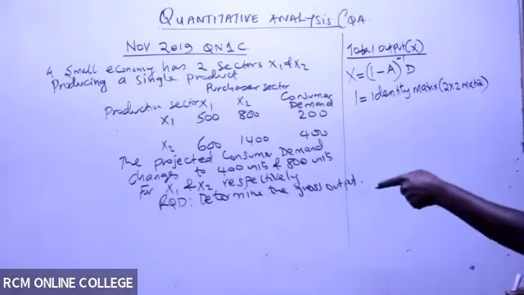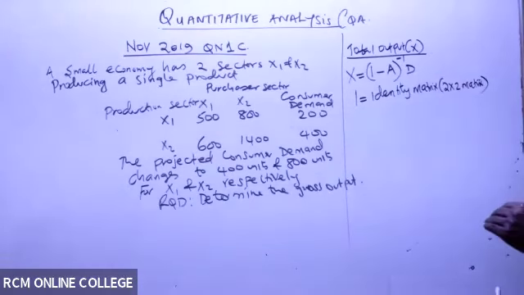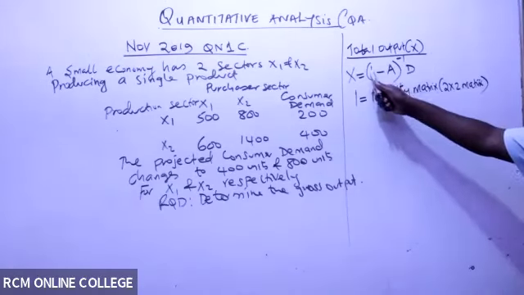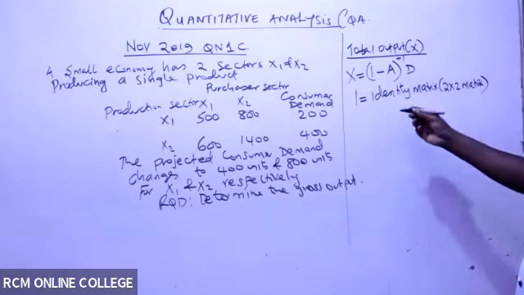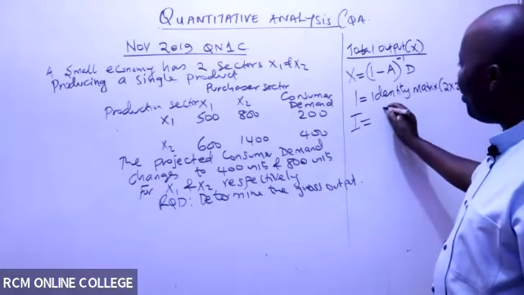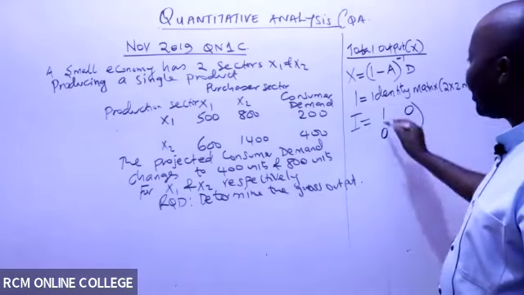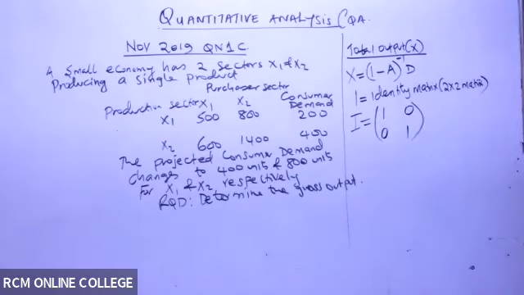If you had 3 sectors, it would have been a 3 by 3 matrix. So this is not the number 1; it stands for the identity matrix. And if it is a 2 by 2, then our identity matrix here will be 1, 0, 0, 1, like that. That will be the format.